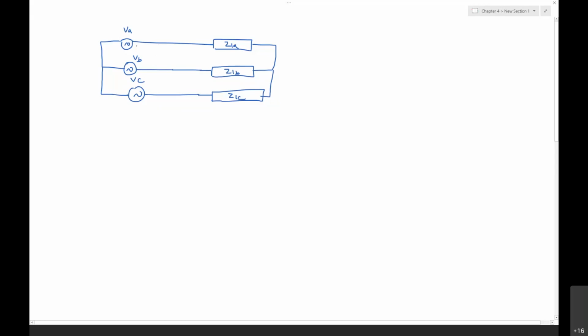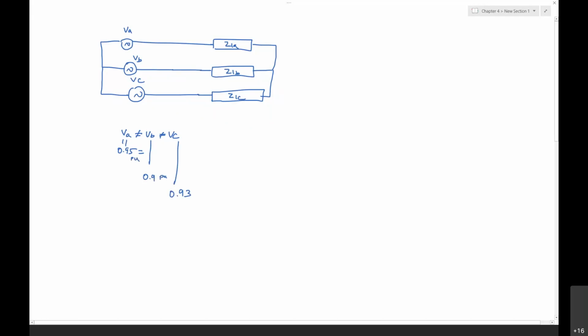Consider that the voltages VA and VB are not equal in magnitude. VA is equal to 0.95, VB is equal to 0.9 and VC is around 0.92 or 0.93.